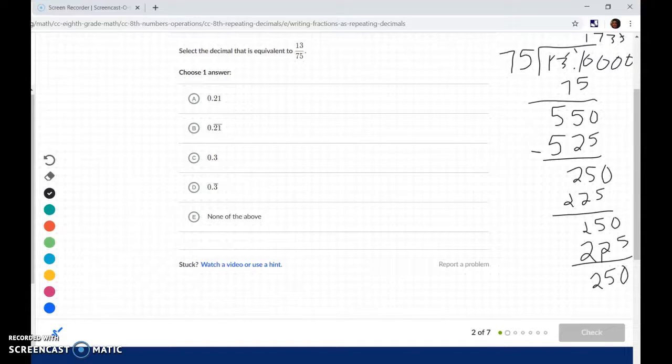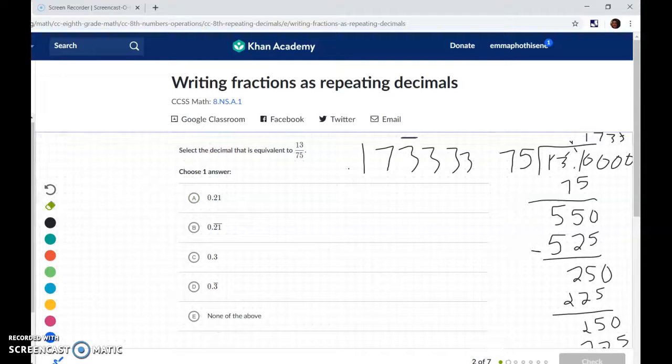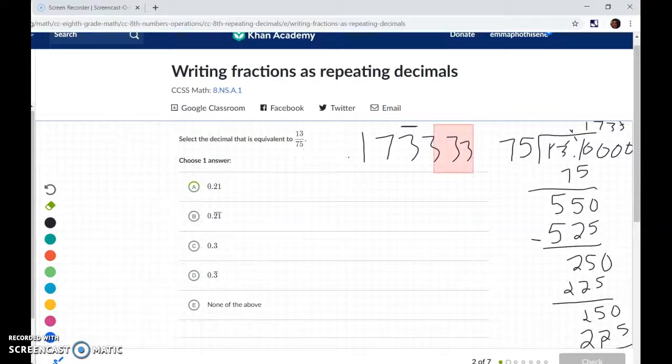It'll constantly be 250. So that tells us that I'm going to add my little decimal point up here. I know this is hard to see, but that actually says 0.1733, and the 3 is repeating, so we put a little line over it, and we can remove these other 3s. So this is our answer right here.